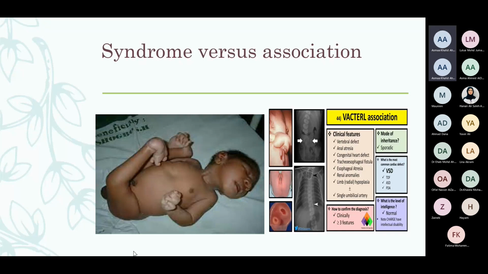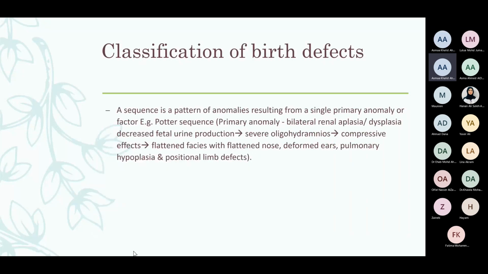And the other baby is Edwards. Okay, this is also to explain something like a sequence: a pattern of anomalies that happen due to one primary anomaly, like Potter sequence.